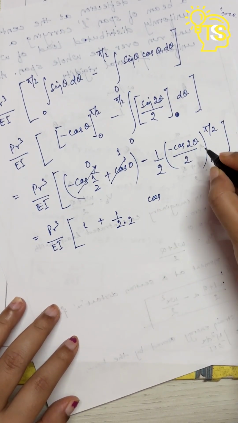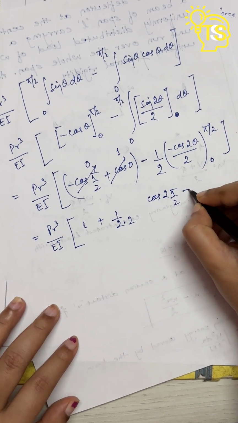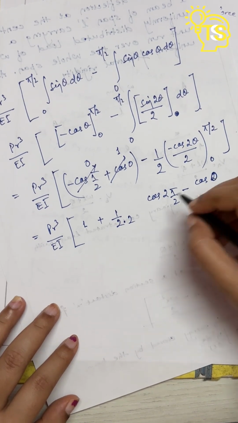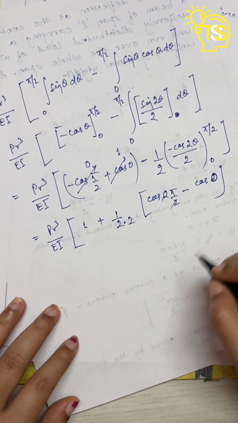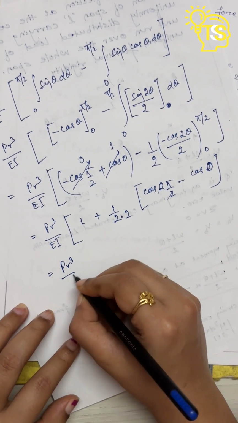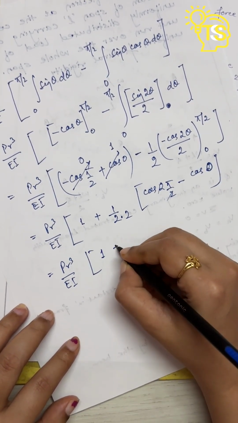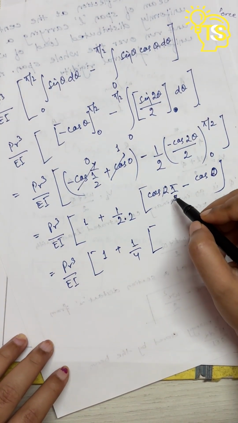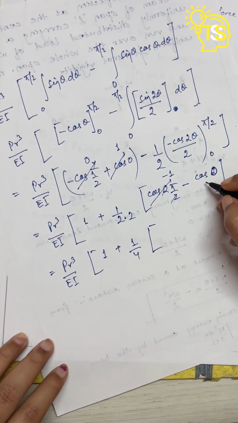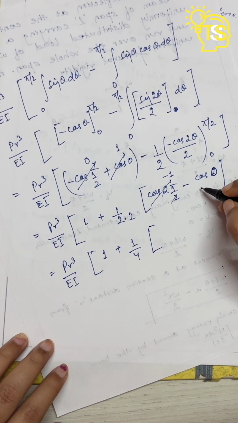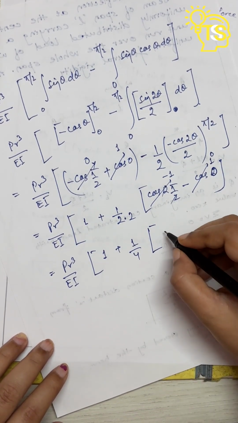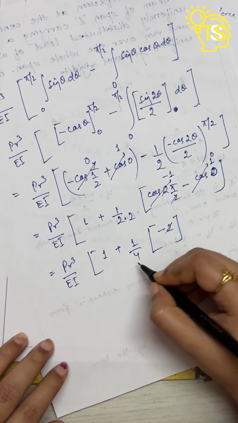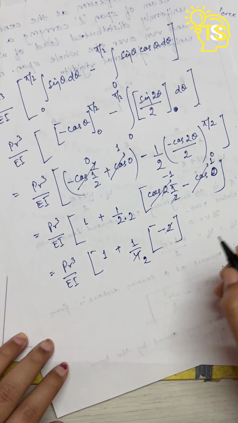Now let's put the value of theta, it is cos 2 into pi by 2 minus cos 2 into 0. So let's calculate. Now the value of cos pi is minus 1 and the value of cos 0 is 1. So we will get minus 2. So cancel it with 4, we will get 1 by 2.